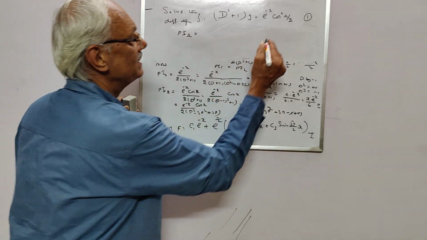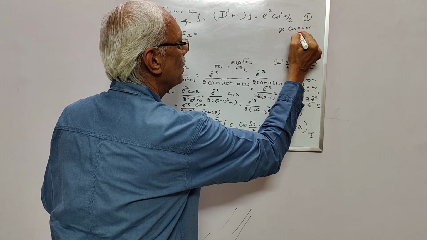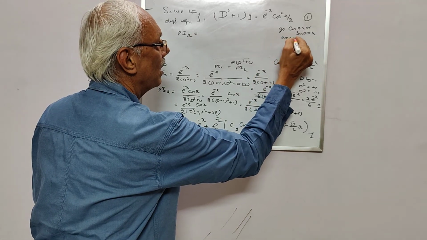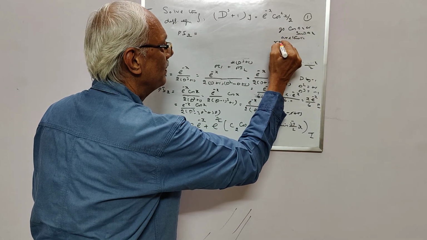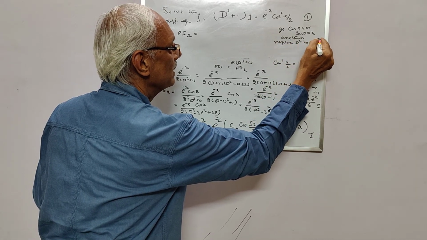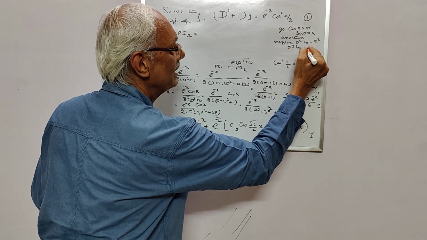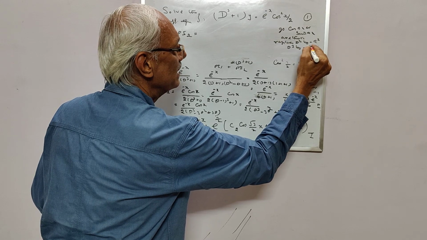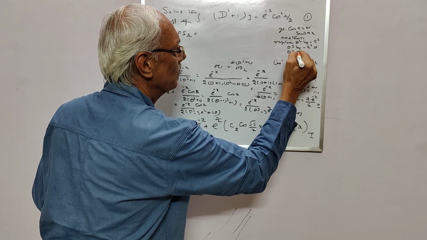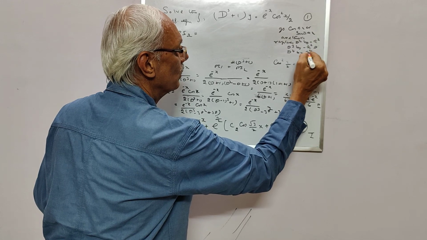I explain this. If cos ax or sin ax are there, replace d squared by minus a squared, d cubed by minus a squared d, and d to the power of 4 by a to the power of 4, which is plus here.